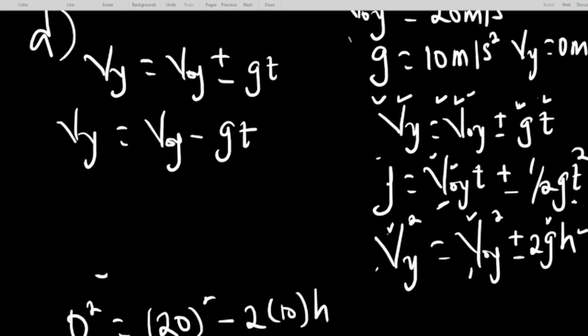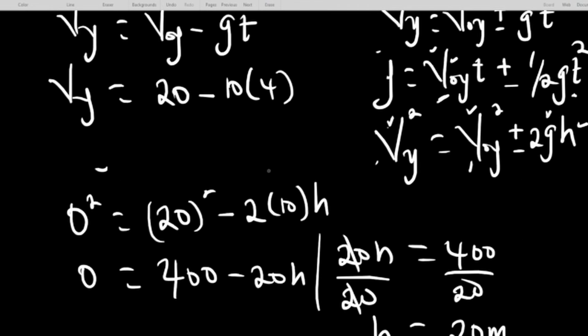Whenever you're using the initial conditions, like the initial velocity and what you started with, the g has to be negative. We want our velocity to be negative. So if you're using the initial conditions, then your g has to be negative. Don't forget. So the final velocity Vy is equal to the initial velocity, 20, minus our g, which is 10, multiplied by the total time, 4 seconds.